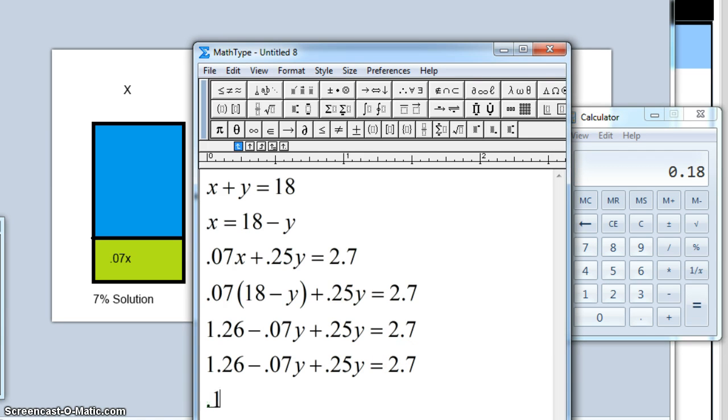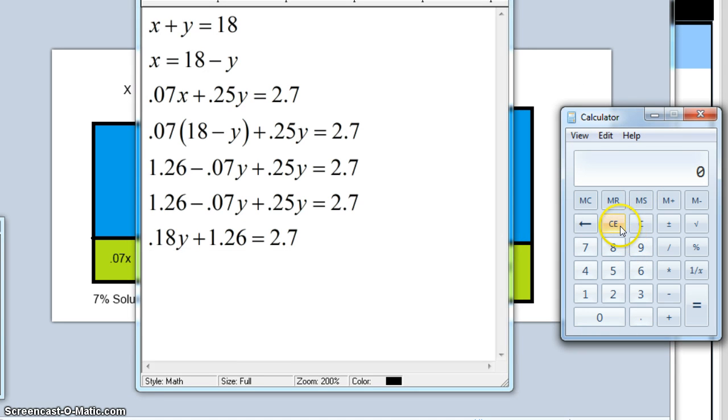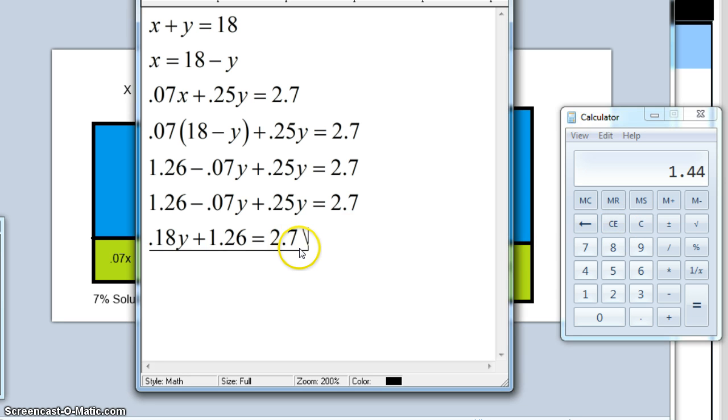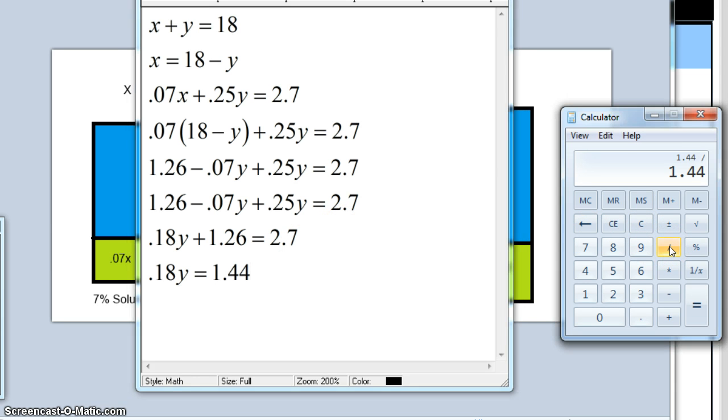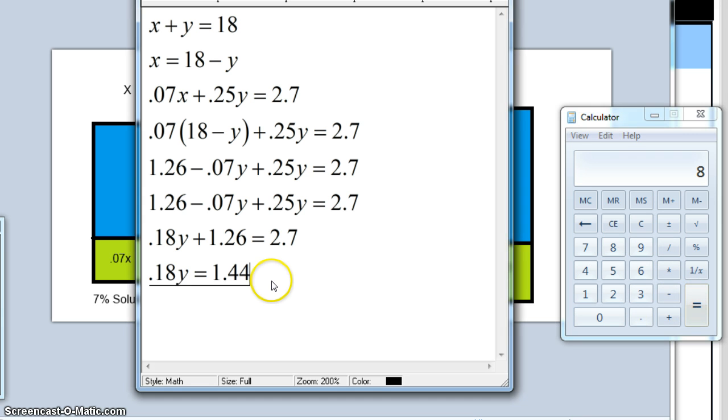So you have 0.18y plus 1.26 equals 2.7. Let's subtract that 1.26 off from both sides. So 2.7 minus 1.26, 1.44. So we get 0.18y equals 1.44. And now divide off that 0.18 and you get y equals 8.